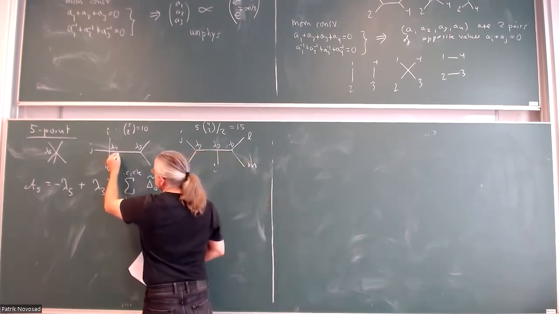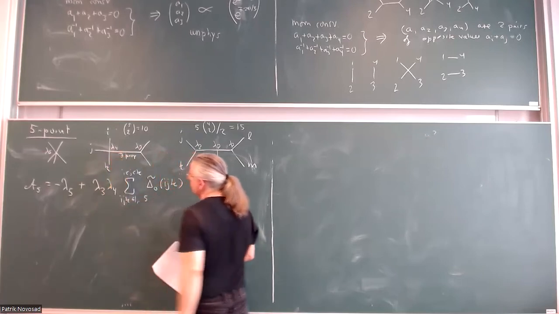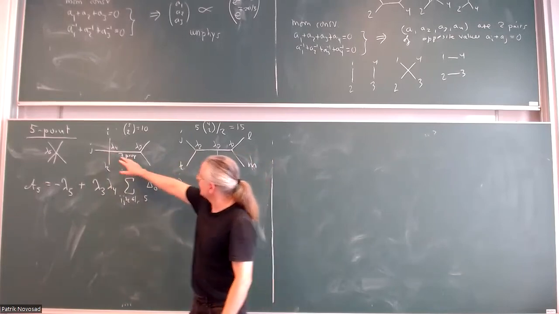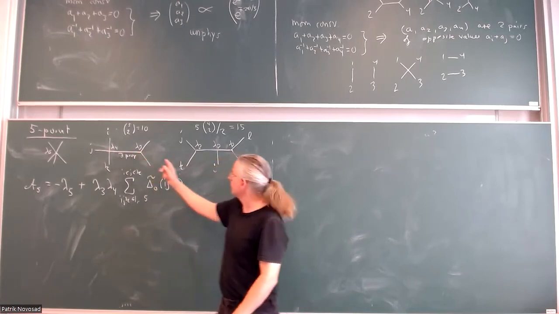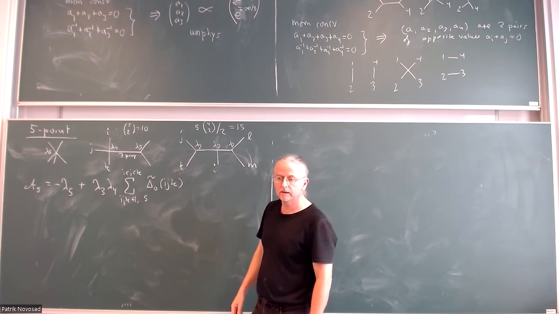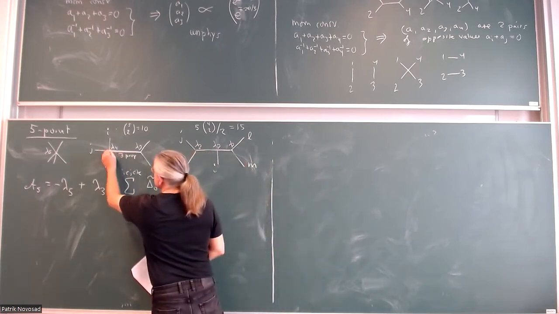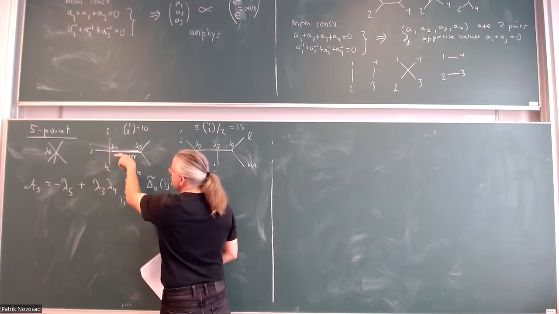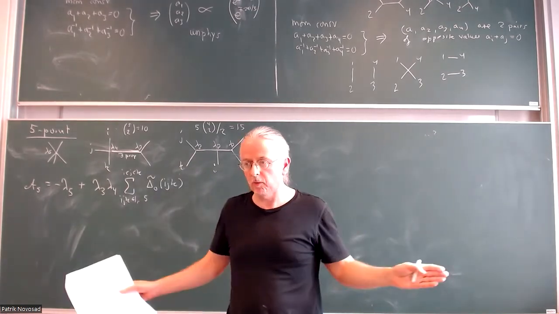Here we see we have 3 propagators. By the way, all of these can be viewed either as a 3 propagator or as a 2 propagator, depending on which order. This is a 3 propagator if we think from that side, and it's a 2 propagator from that side. And of course, that's the same because of total momentum conservation.